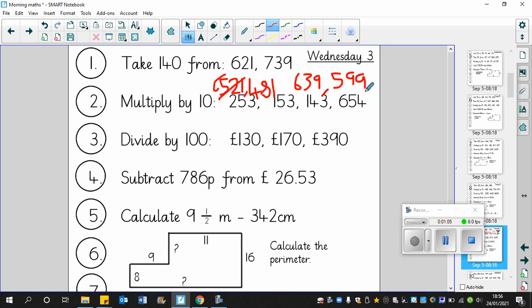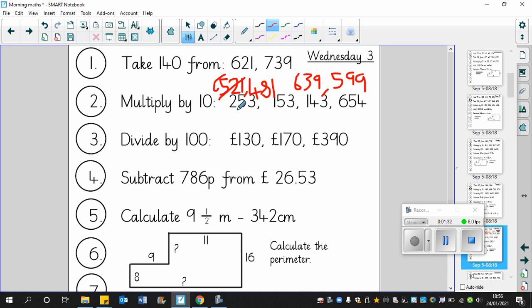Now this is fairly interesting because 39 is very nearly 40. If that was 640 and we took away 40, we would get exactly 600. But it's one less than 640, so therefore the answer is one less than 600, and that's where the 599 comes from.